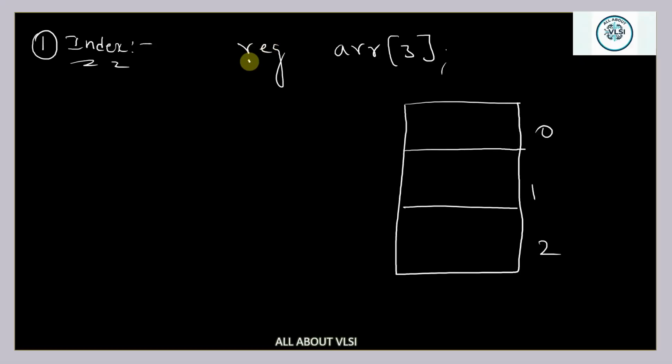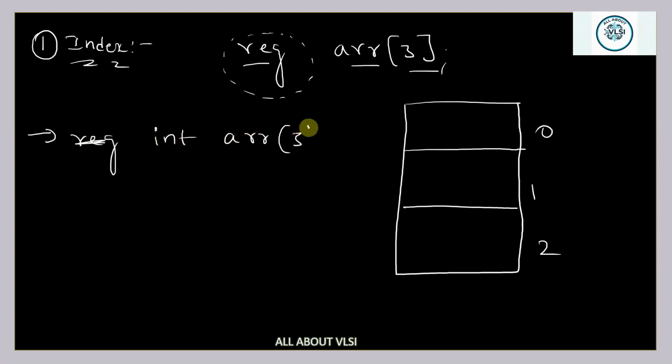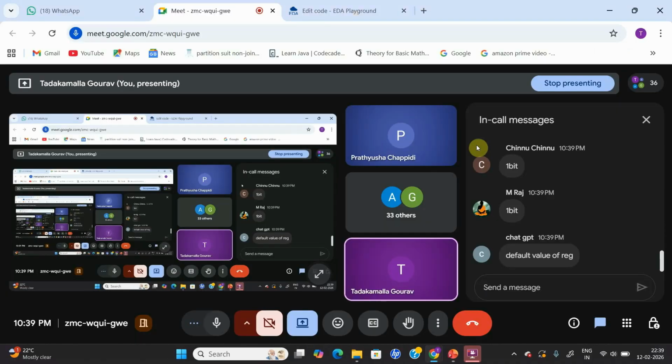If I declare reg ARR of 3, then each location can contain only one bit because we are using a reg here. If I use int ARR of 3, then each location can contain 32 bits of data. So this is a difference. With reg ARR of 3, I can contain only one bit of data. Is it clear for everyone?